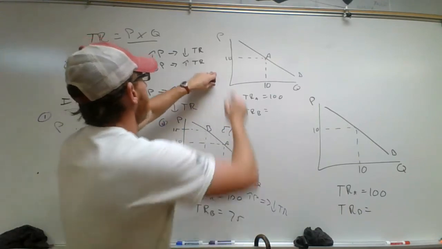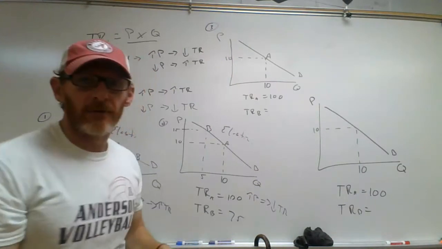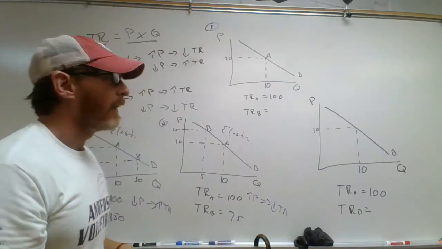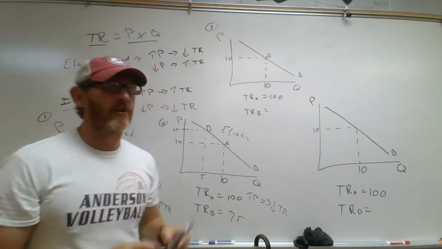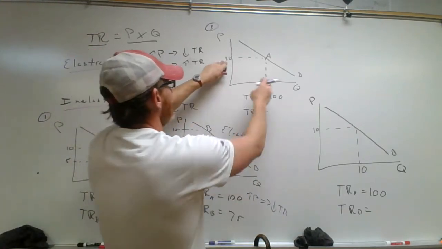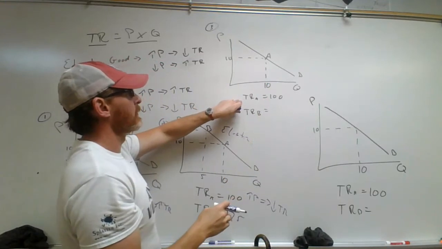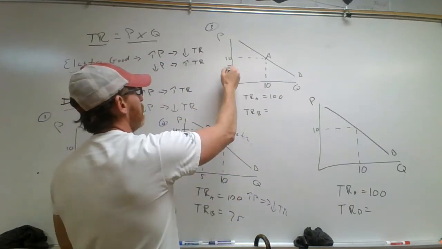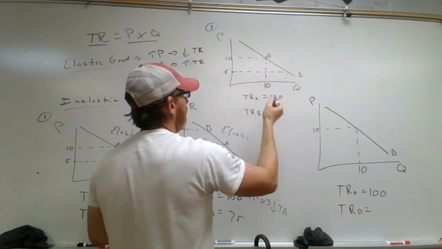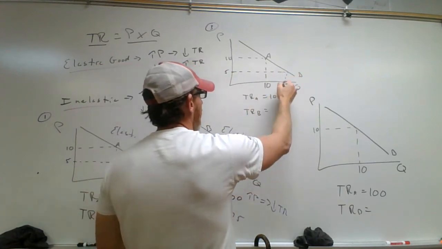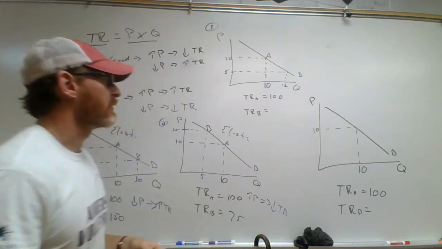Let's look here at number 3. We'll do number 3 so you can get another example in. And you can always use these, and there will be formative assessments on this to work through it. We're starting off at 10 and 10, so the total revenue is 100 at point A. Let's lower the price to 5, and let's say that the quantity goes up to 12.